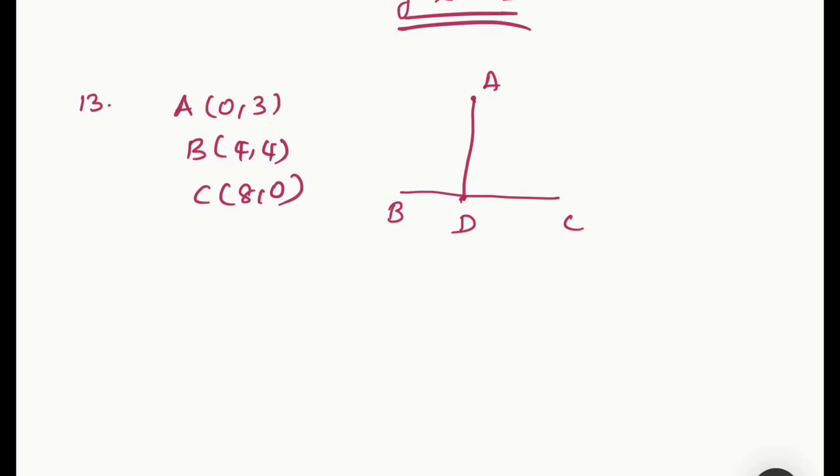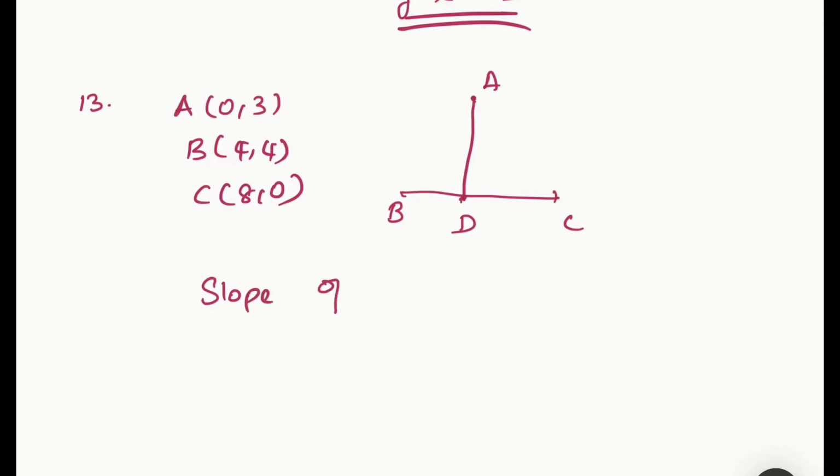In the earlier question we found the median, so we knew that D is the midpoint of BC, but here it doesn't bisect, it's just perpendicular. So first you need to find the slope of BC. AD is perpendicular to BC, so if you know the slope of BC, the slope of the line perpendicular to it will be minus 1 by slope of BC, right? So let us find the slope of BC.